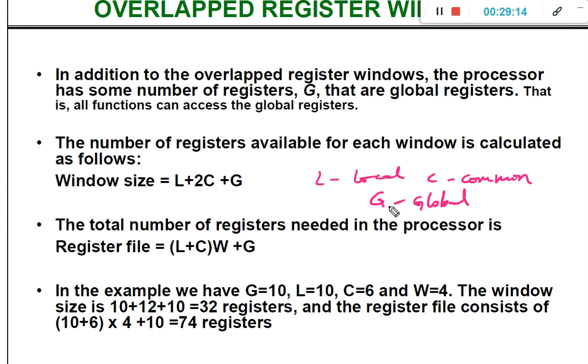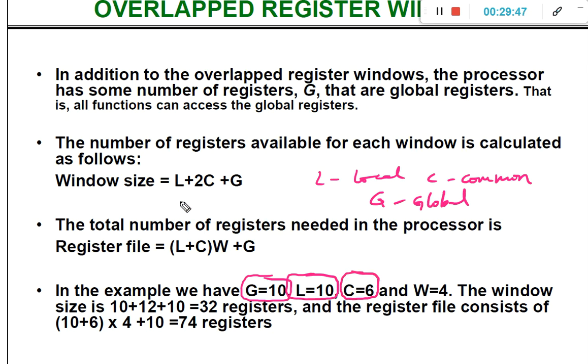If you symbolize like that, then we can find out the window size of each window using the formula L plus 2C plus G. So what is the G value in the previous diagram? G is 10. What is the L value? L is 10 registers. What is the C value? C, the common registers, is 6.